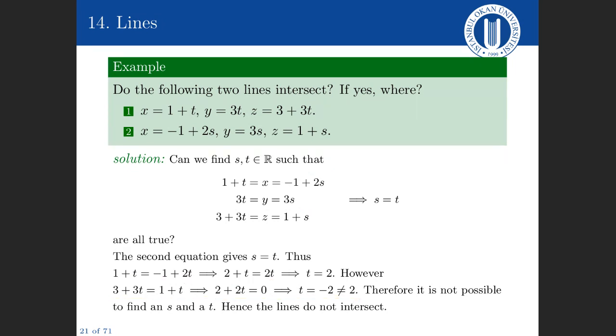And we can't have this. We can't have t is 2 and t is minus 2. That means it's not possible to find s and t such that all three equations are true at the same time. Hence, these two lines do not intersect.